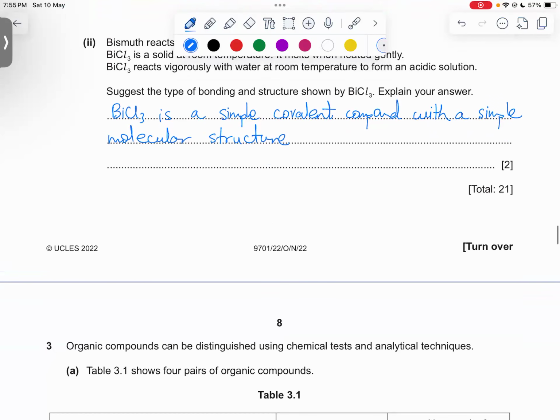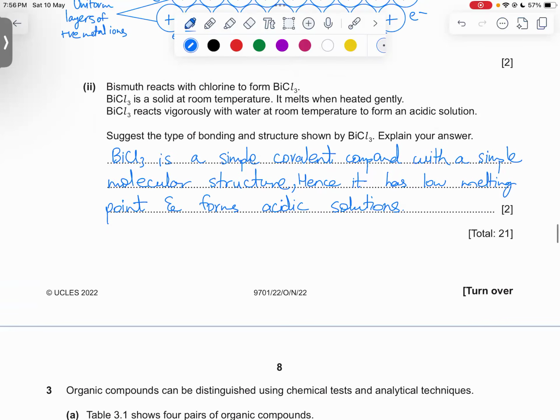And they've asked us to explain our answers. Hence it has a low melting point. They have told us that it has a low melting point and forms an acidic solution. Simple covalent compounds form acidic solutions, as we have observed already.